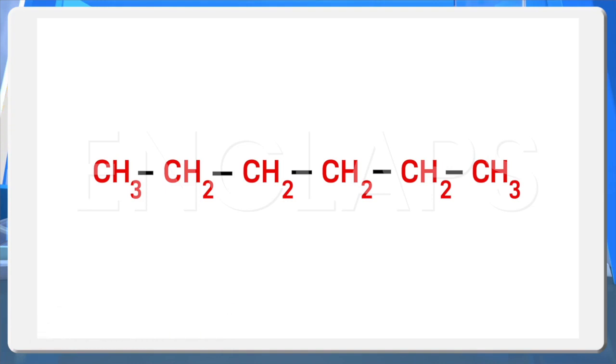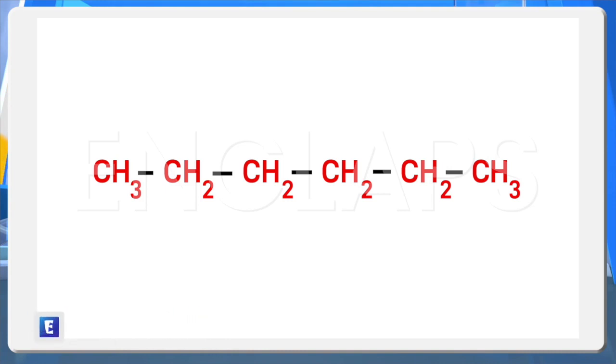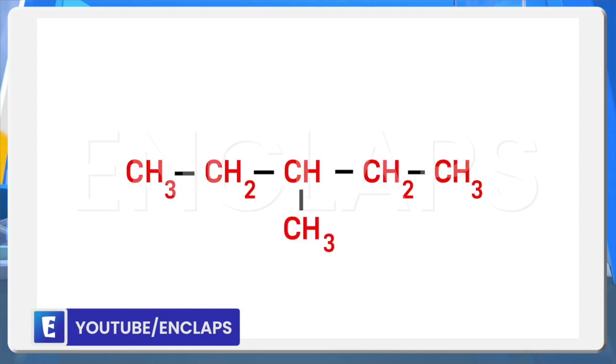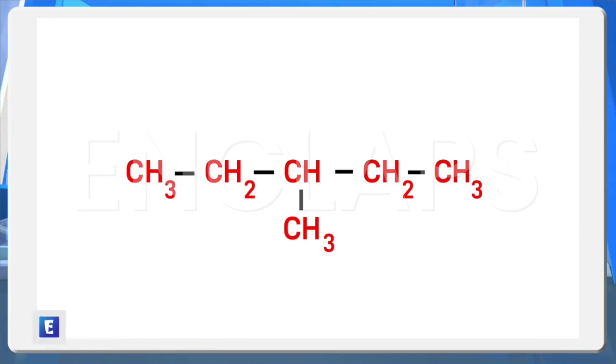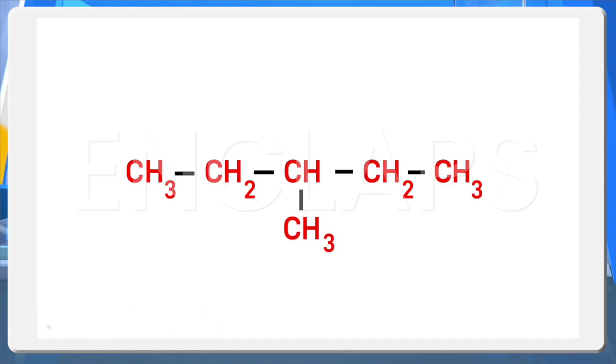How can we draw? In hexane there are 6 carbon atoms in the main chain. We know that if the compounds have a difference in their carbon chain, they are chain isomers. So, in order to draw the chain isomer of hexane, first we have to draw 5 carbon atoms in the main chain.